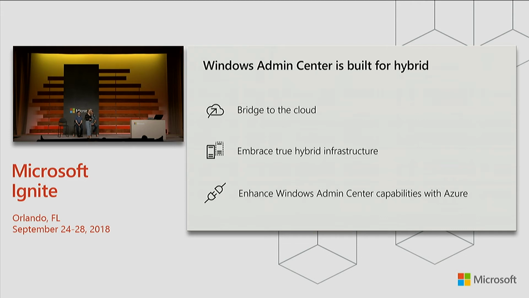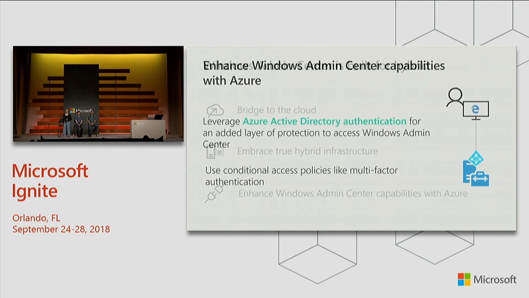And finally, how can we bring the capabilities that Azure provides, all that richness and goodness there, into Windows Admin Center to make Windows Admin Center even more powerful? We've actually already seen an example of this with Azure Active Directory authentication, giving us capabilities like multi-factor authentication and conditional access policies.